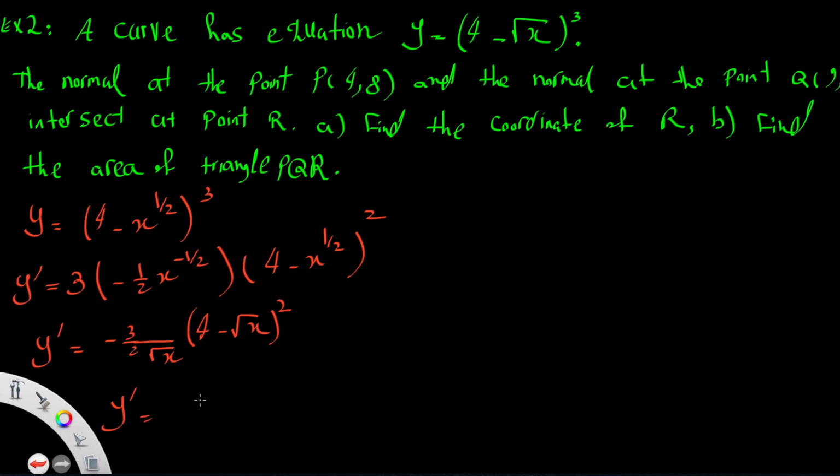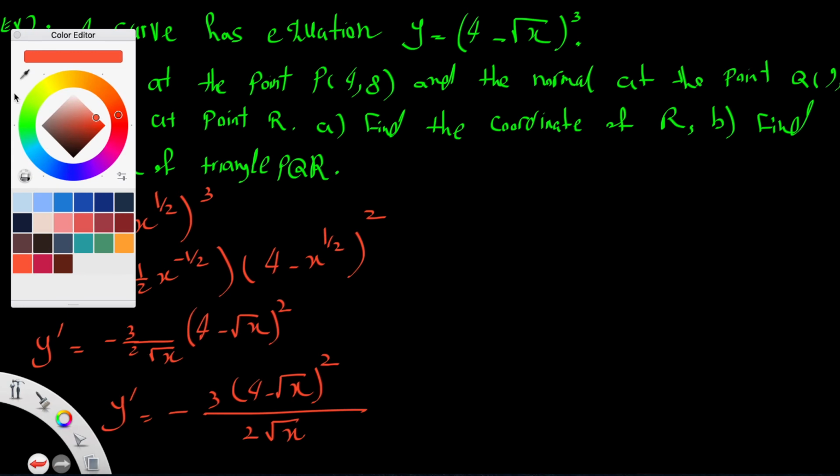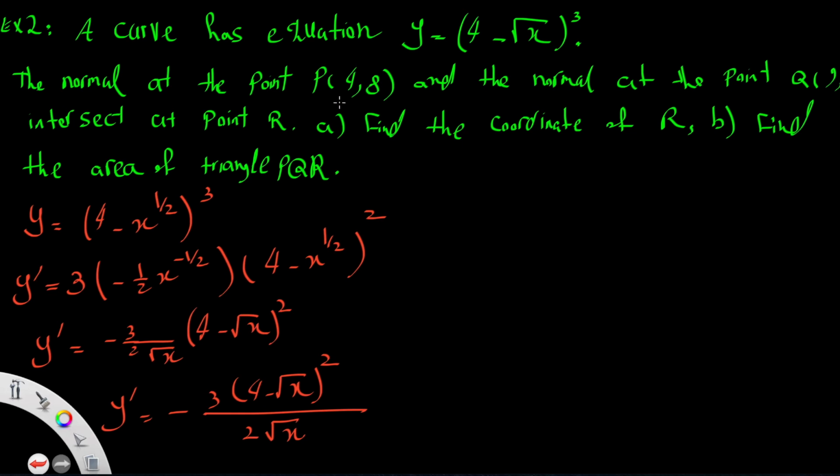So I rewrite, it will be negative 3, 4 minus root x to the power of 2 over 2 root x. It is the gradient formula. Now let's find m. m at point P first, x is 4, then m will be equal to minus 3, 4 minus root 4 to the power of 2 over 2 root 4.